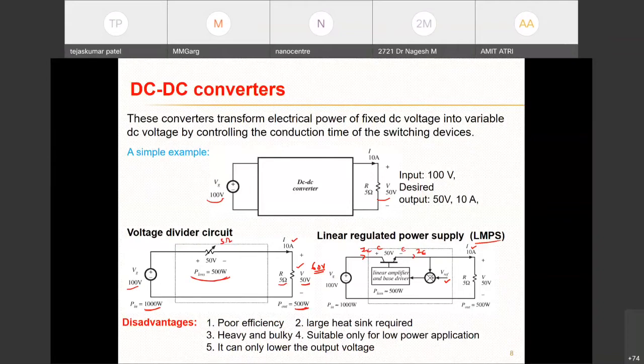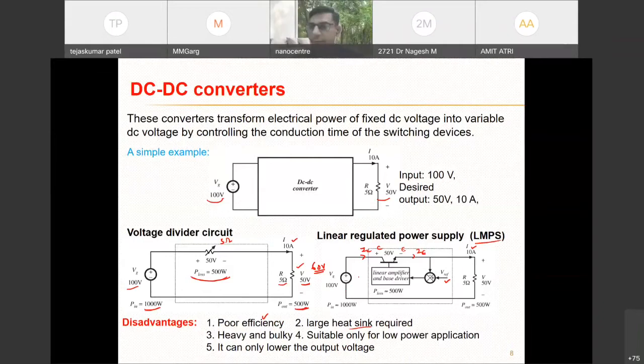Because this is a transistor, and due to this power loss, there will be heat generation, and due to this heat, if this is not properly handled, then the device may get damaged. So what we need is a bulky heat sink, right? Or a kind of fan, or some cooling arrangements.